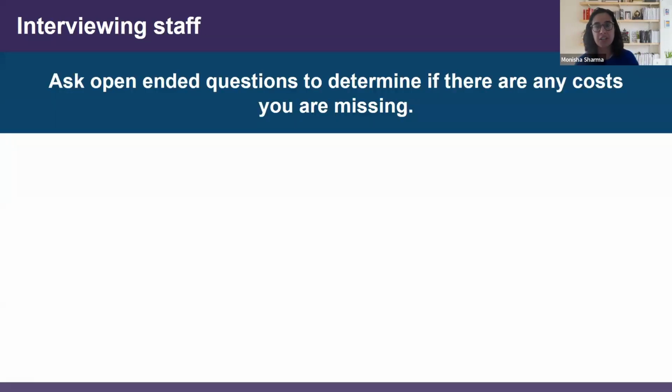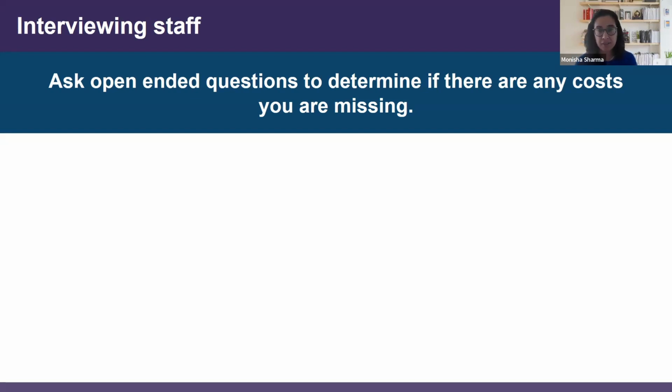In terms of interviewing staff, a lot of times when we do a time and motion observation, we supplement it by staff interviews and we triangulate that information. So making sure that what we're observing is the same thing as what staff are telling us is happening. And if there is a disconnect, trying to interrogate that further and find out where some of the discrepancies are.